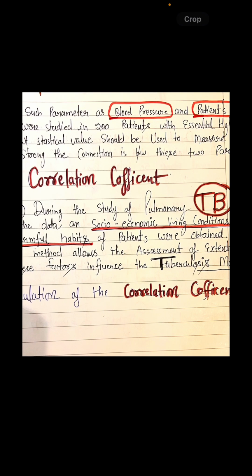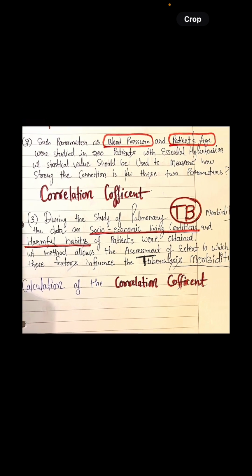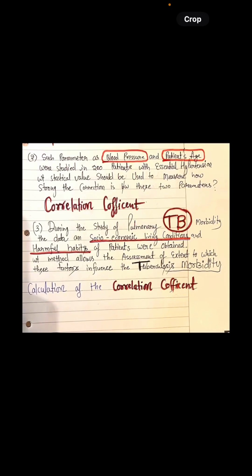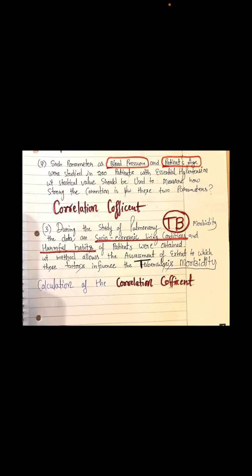Another question says that during the study of pulmonary tuberculosis, data on socio-economic living conditions and harmful habits were obtained. The relation they want to ask about is between the living conditions and the harmful habits. In the same way, we calculate the correlation coefficient.